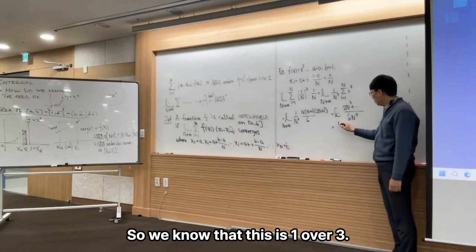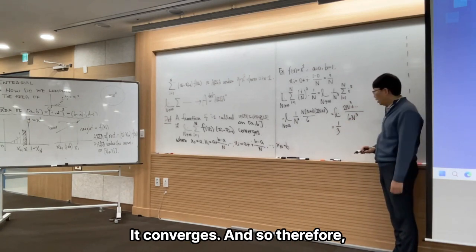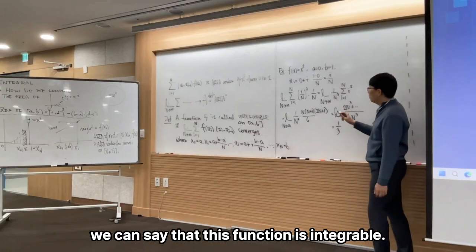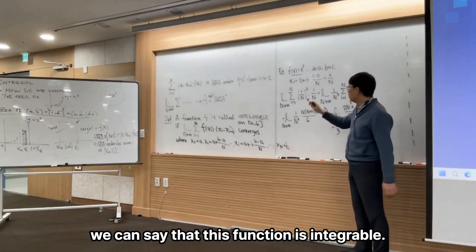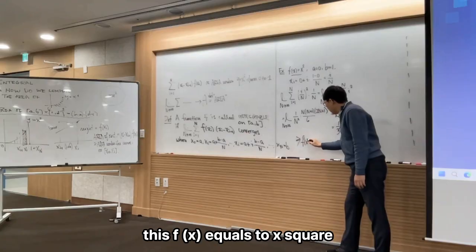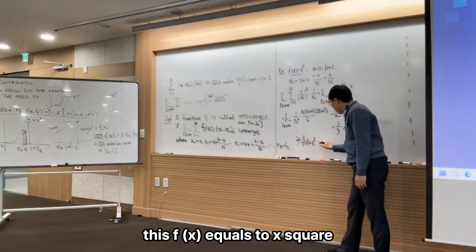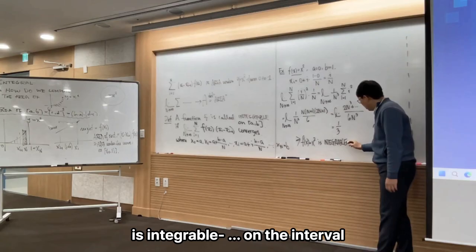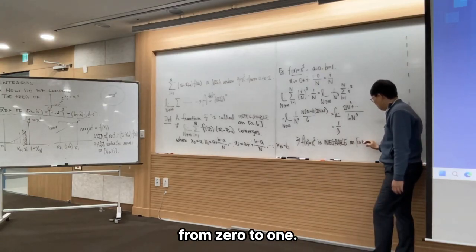So we know that this is 1 over 3. It converges. And therefore, since it converges, we can say that this function, f(x) equals x squared, is integrable on the interval from 0 to 1.